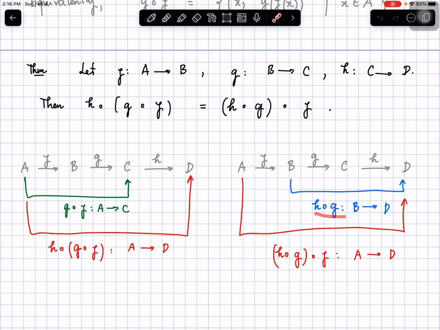The composition h∘g is from B to D, and then h∘g∘f is from A to D.